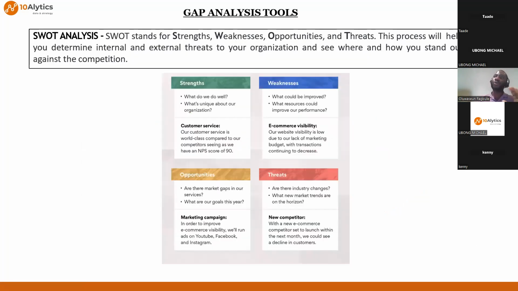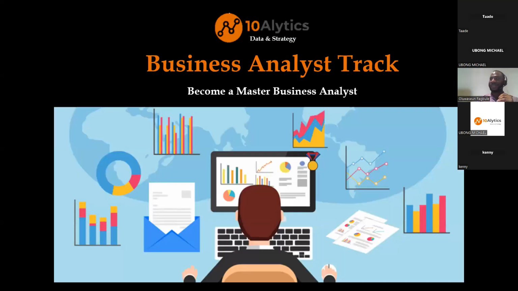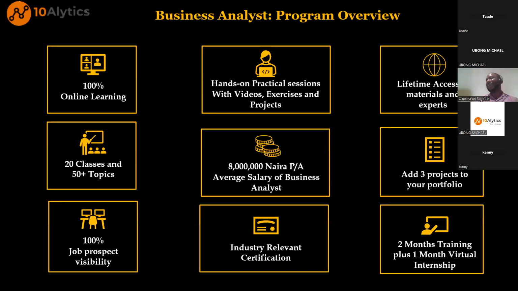So that's basically the Fishbone Diagram. Those are the 2 gap analysis tools I'll be talking about in this masterclass. So I would hand over to Kingsley or Damilola. I'm not sure who's going to take it from here, but that's it for me. They're going to take you through the business analyst program overview.